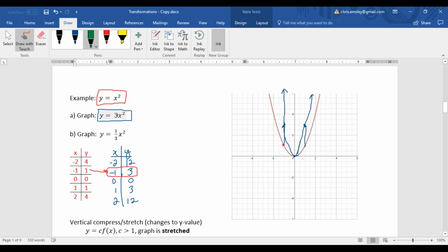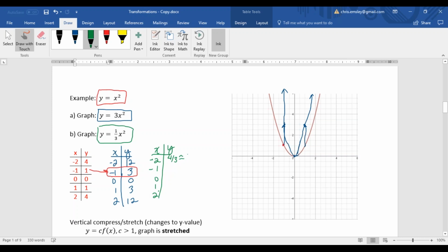That's if we multiply by a number bigger than 1. Now we're going to look at what happens if we multiply by a fraction, or a number between 0 and 1. And again, we'll have those same x values. -2 squared is 4, and 4 times 1/3 is 4/3.